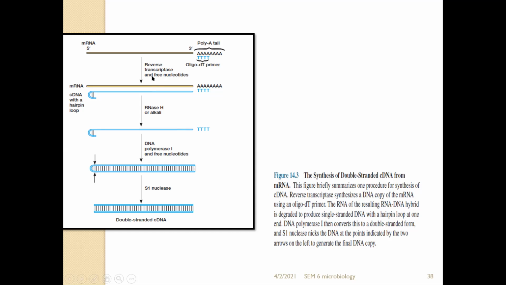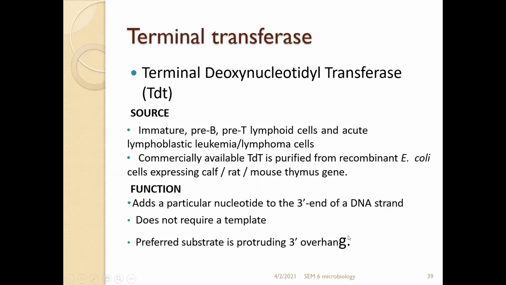The mRNA is destroyed or degraded by RNase H or alkaline hydrolysis. Then that single-stranded DNA acts as a template, and by the hairpin loop at its end, it will synthesize double-stranded DNA.